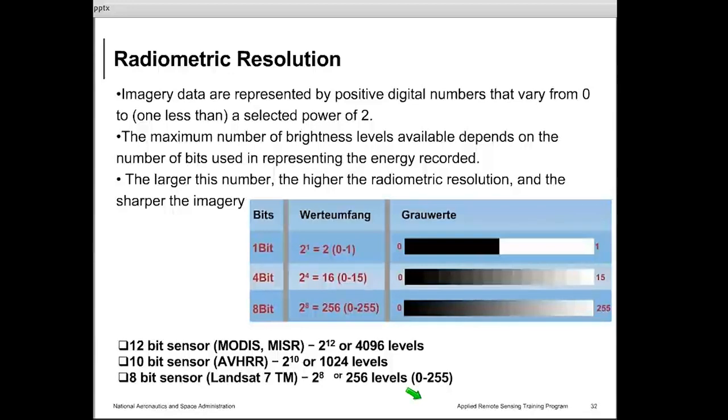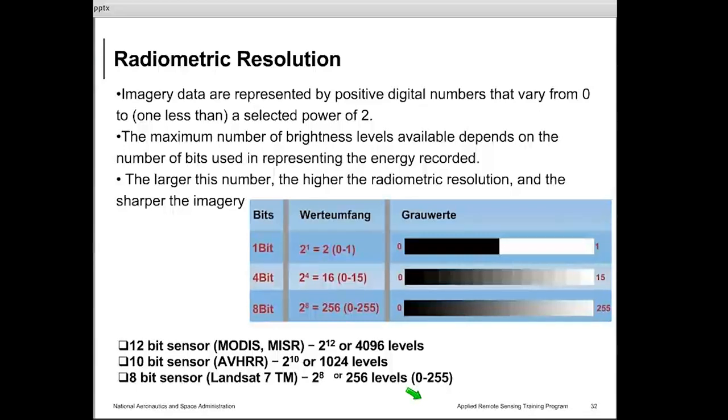The larger the number of bits, the higher the radiometric resolution and the sharper the imagery becomes. Here we have an example: there are 1-bit, 4-bit, or 8-bit sensors. If you have 1 bit, you will have only two levels, 0 and 1, so you can only see black and white.